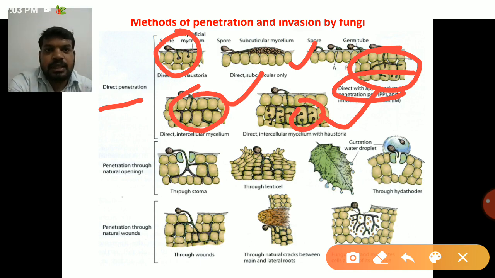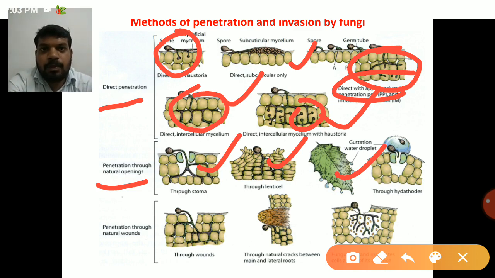You can see that. Next method is penetration through natural openings. The important natural openings of plants are stomata, lenticels, hydathodes. Stomata is a natural opening of the plant, particularly present on the lower side of leaves. It will open in the morning and more or less close in the evening.